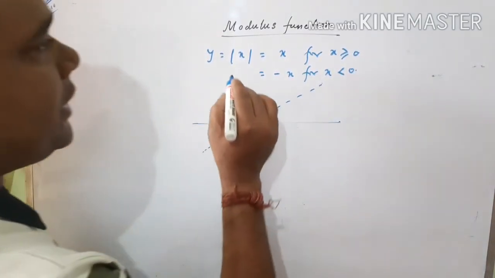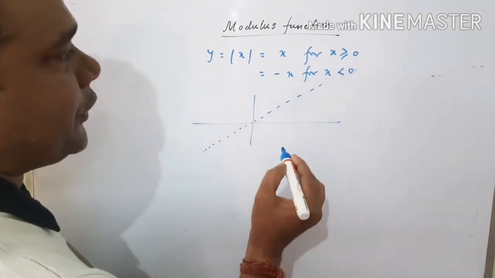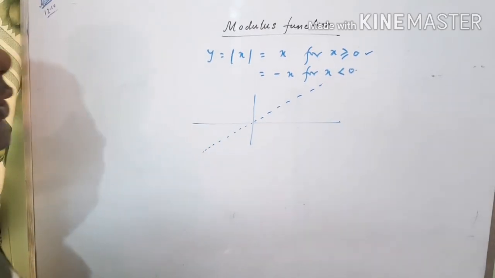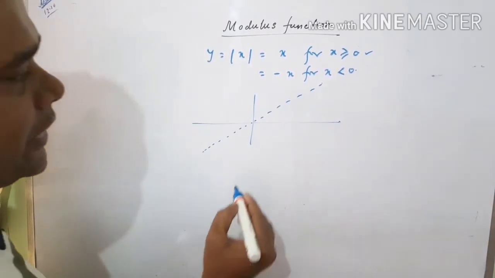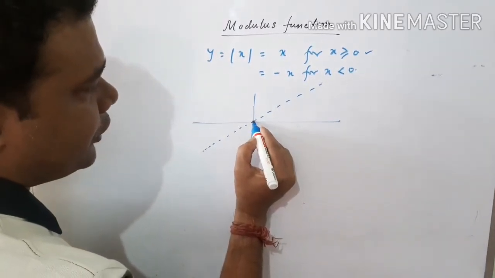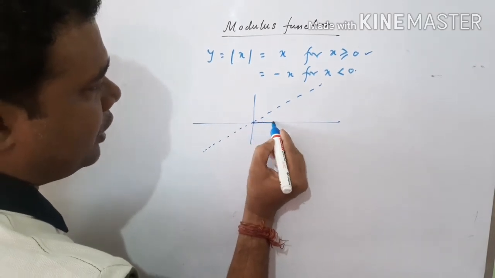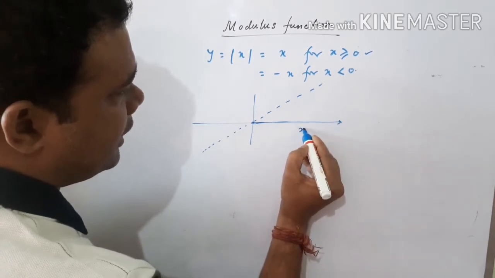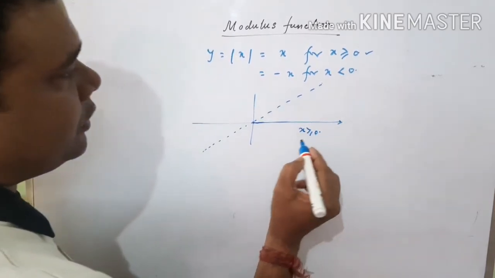Now see that this graph is valid only when x is greater than or equal to 0.